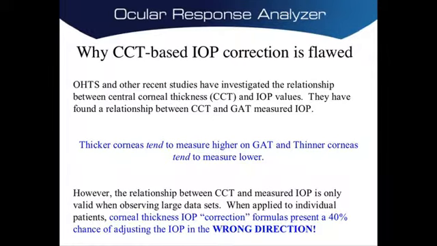In fact, using corneal thickness adjustment algorithms gives a physician the opportunity to adjust the pressure in the wrong direction 40% of the time. So not only do these corneal thickness adjustment algorithms not work scientifically and mathematically, I believe they're dangerous, because almost half the time you could be getting an answer that's in the wrong direction. It's doing a disservice to the patient.